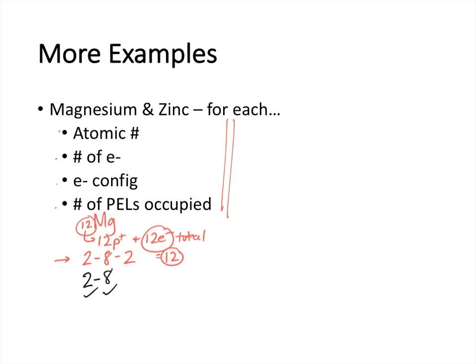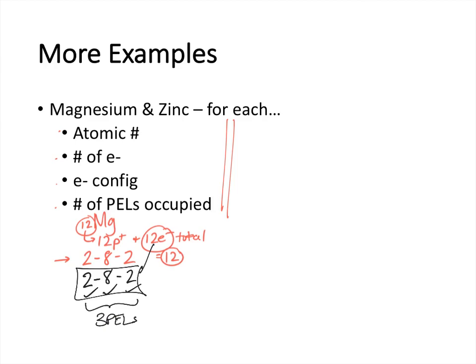So now I've taken care of 10 out of the 12 electrons, and I have 2 remaining. They will get dumped into the third PEL. So now I have a completed electron configuration. It adds up to the total number of electrons that I need. Number of PELs occupied would be 3. There are 3 PELs that have electrons in it. Only the first 2 are full, but that doesn't matter. There's electrons located in 3 of them.